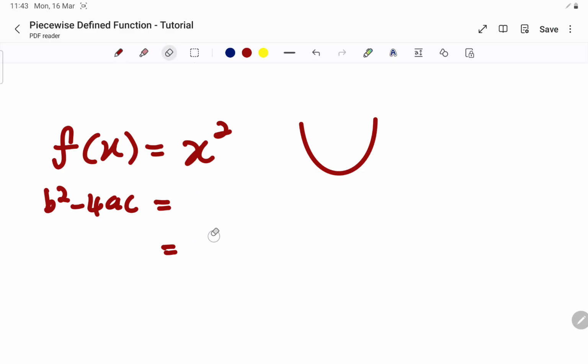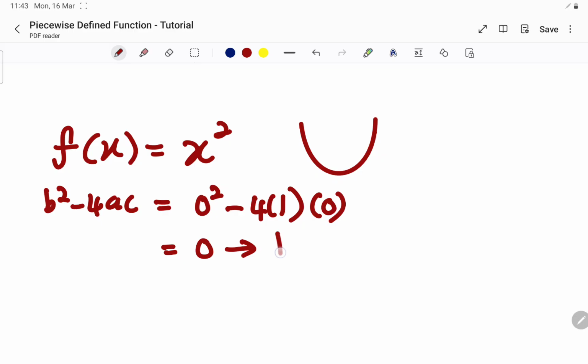Okay, we have b square minus 4ac, right? So b is 0 square minus 4 multiplied by 1. C we don't have also. So here you will get equal to 0. So equal to 0, right? So what does it mean? It means that it has one real root only.